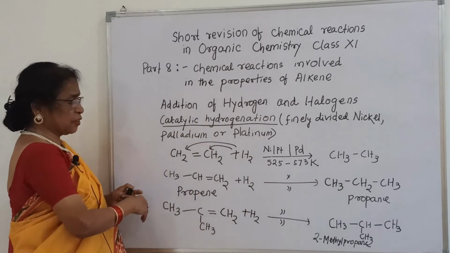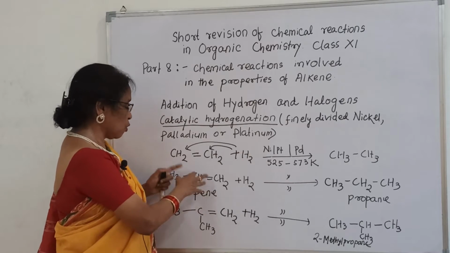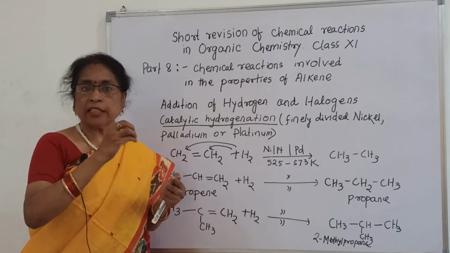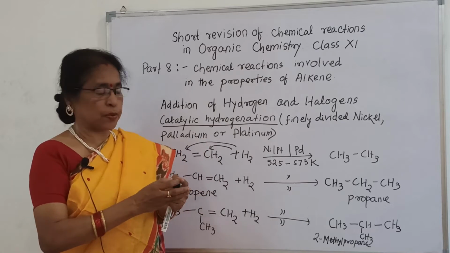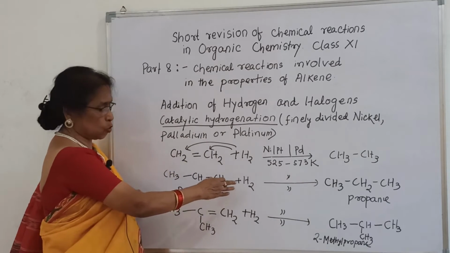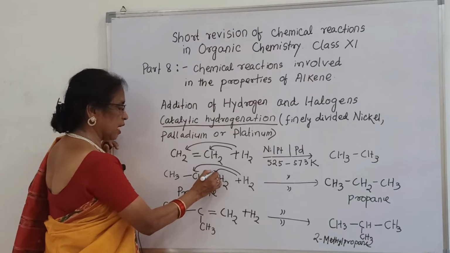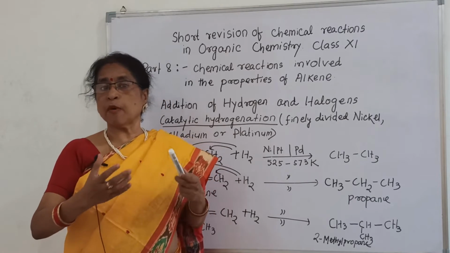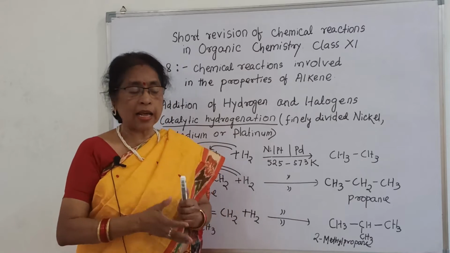Now here similarly you take propene, that means this side contains a double bond, and so what happens, actually addition reaction takes place where the double bond is there. Between the double bond addition takes place, so it is hydrogen H2, that is why one hydrogen will come to here, another hydrogen here, then double bond changes to single bond. Double bond means alkene, single bond means alkane, triple bond means alkyne.